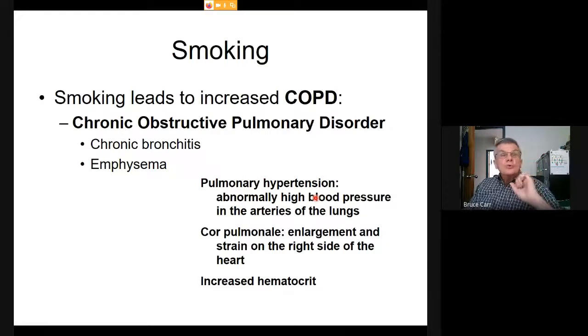And they're doing what you do when you start running. They're basically speeding up your breathing and speeding up your heart rate. Cor pulmonale is an enlargement and a strain on the right side of the heart, the side that pumps to the lungs. Also, this will cause an erythropoietin release and an increase in the hematocrit as the blood tries to adjust. Decreased oxygen tension, just like moving to high altitude, but in this case due to a smoking-related reduction in surface area in the lungs.